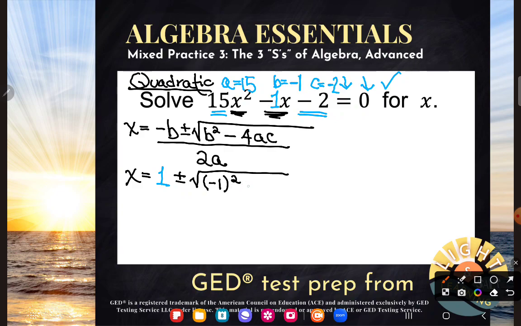So (negative 1) squared minus 4, and that's times a, which is 15, times c, which is negative 2. And that's all going to be over 2 times a.